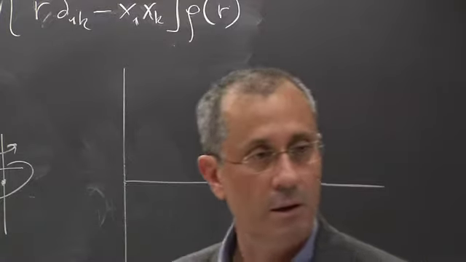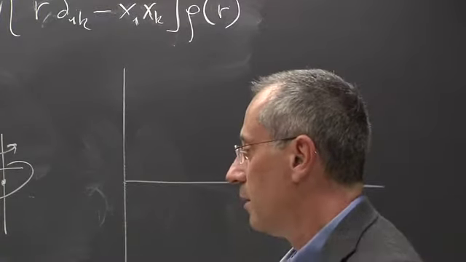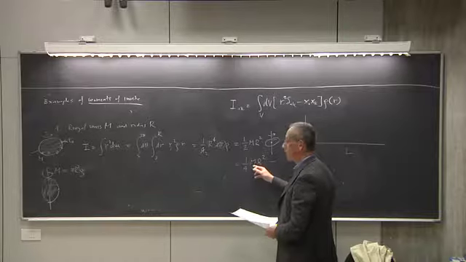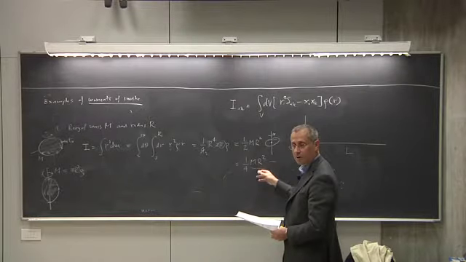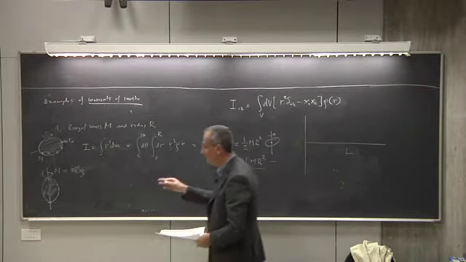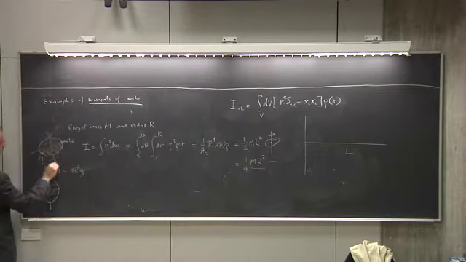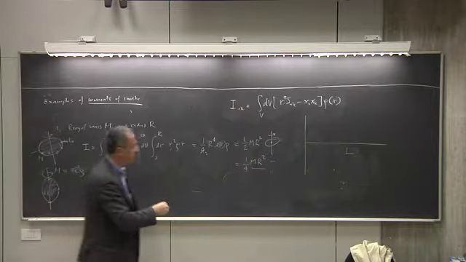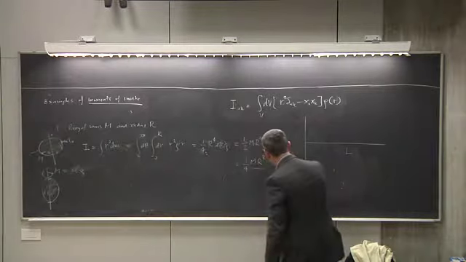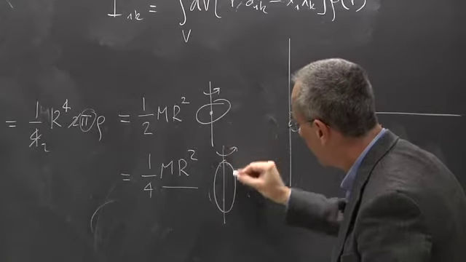What did you say 1/4 mr squared was for? A disk? How did I get this? No, it's for which disk? This is the same disk, but now, so 1/2 is for the disk rotating about the, I have here the picture. Now the disk is rotating this way.